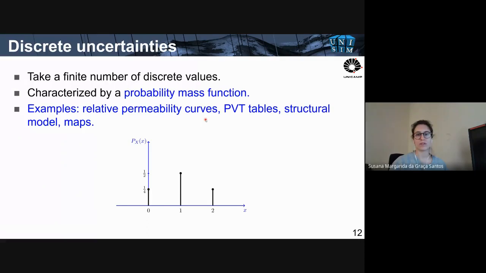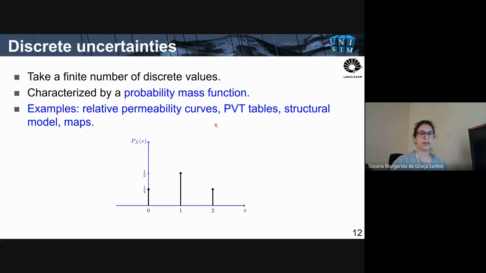We treat them as 3, 4, 5 possible relative permeability curves, so as discrete uncertainties. PVT tables, the same way, we treat them as discrete: it can be either this PVT table, that one or the other one. The structural model, where is the grid top, where is the bottom, all that, maps, all that we treat as discrete uncertainties.